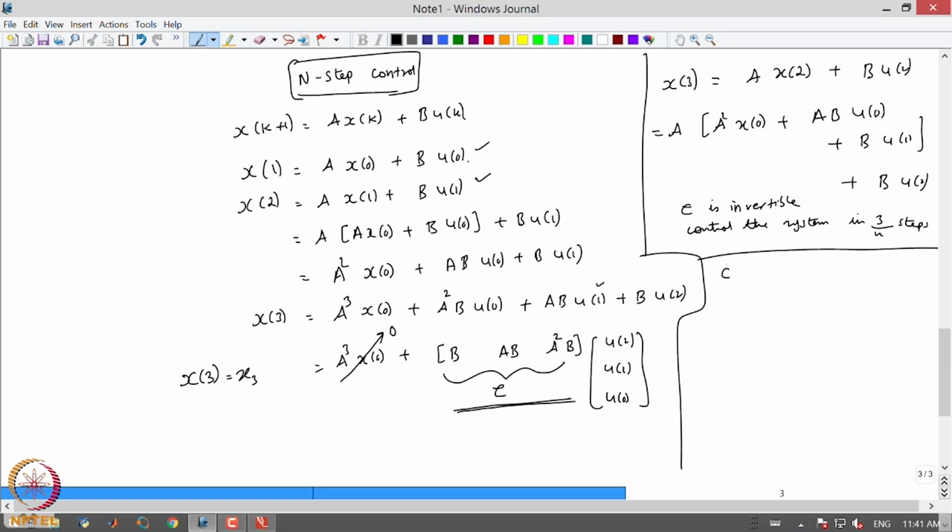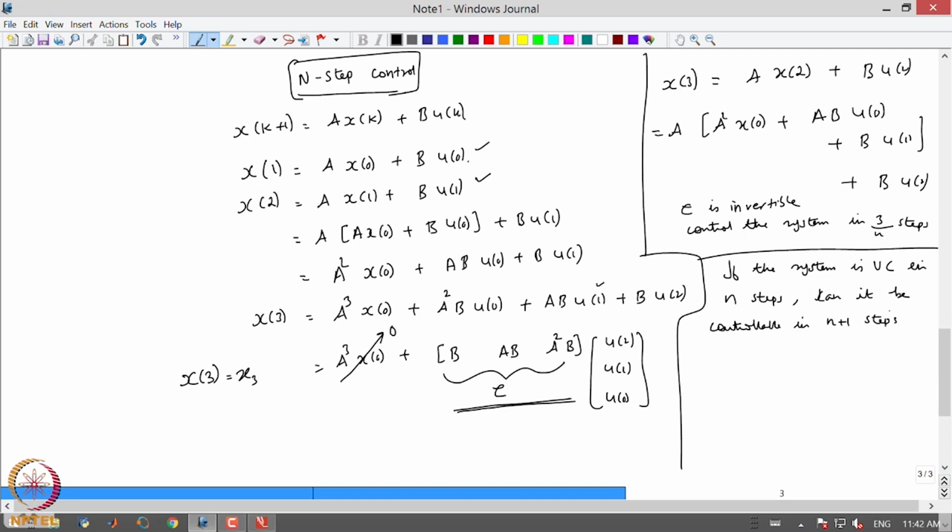I will just write this down. If the system is uncontrollable in n steps, can it be controllable in n plus 1 steps?